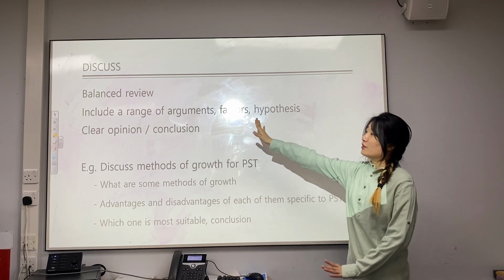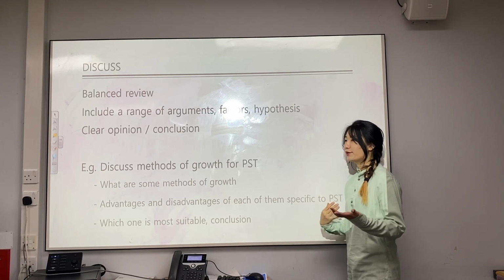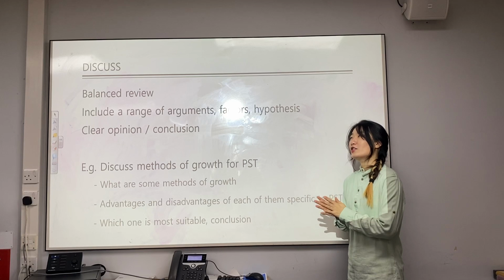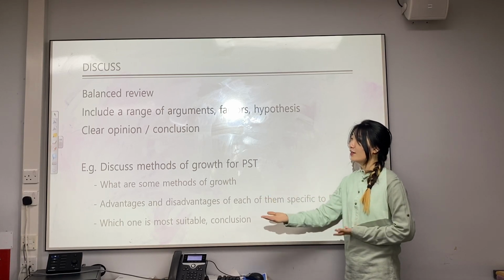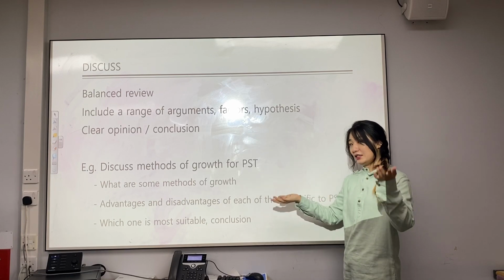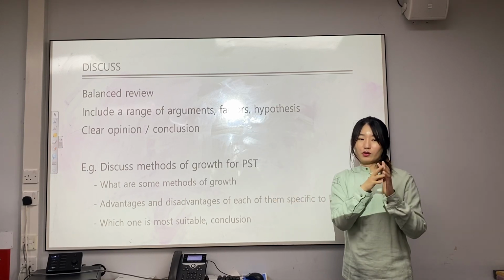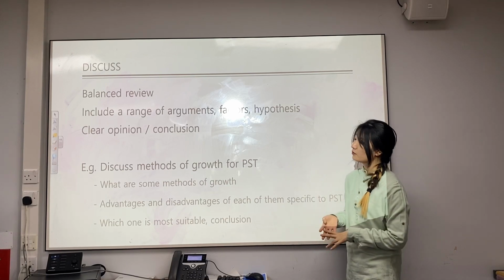So it requires a balanced review. Review means, everyone knows what a review is. If you've written an article review, or a movie review, it's more like an overview of the text, the case, and it requires it to be balanced on your view about incorporating or associating one option within the business.